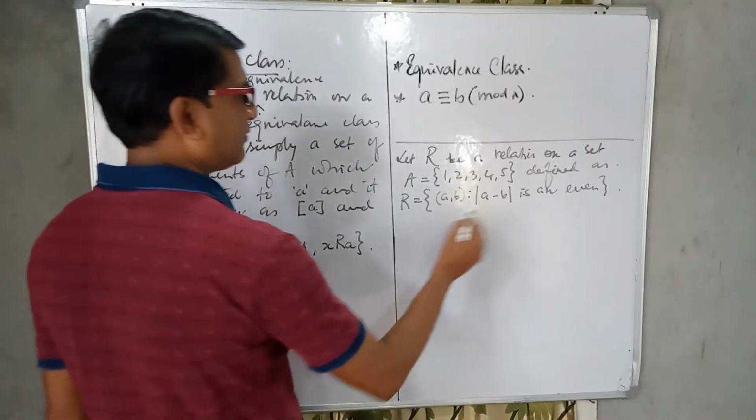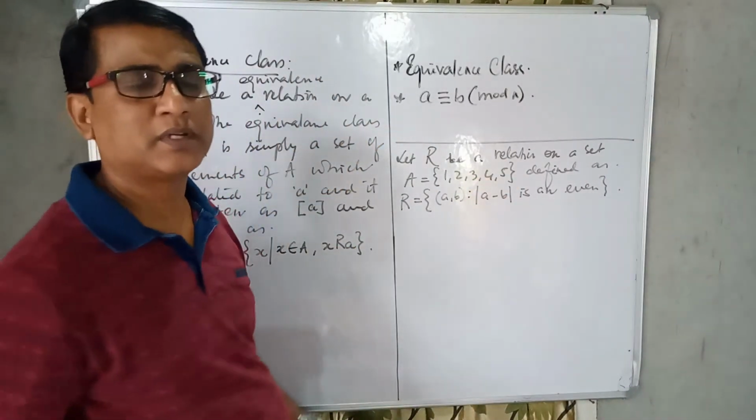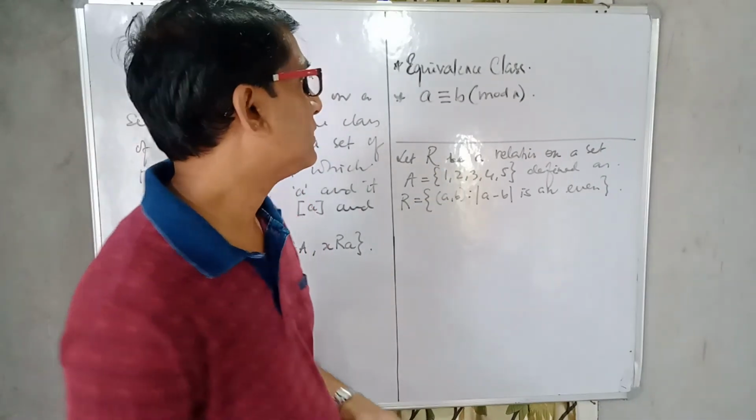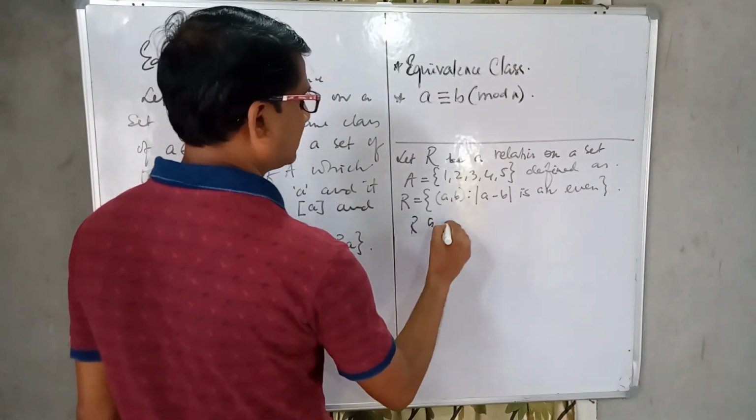This is reflexive, symmetric as well as transitive. We already proved this in the last class. So R is an equivalence relation.